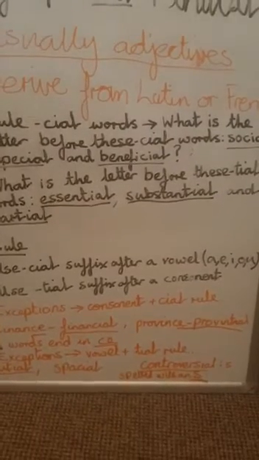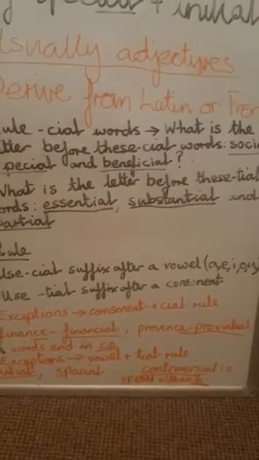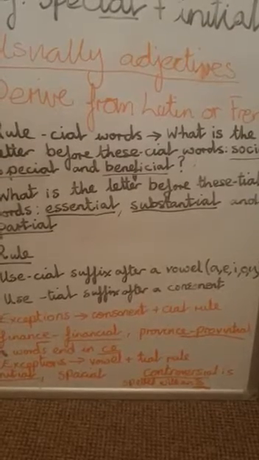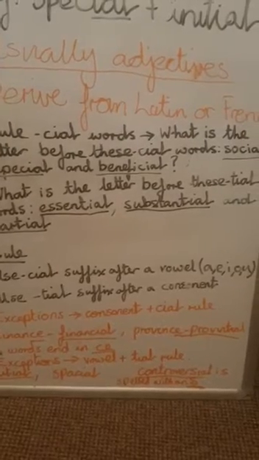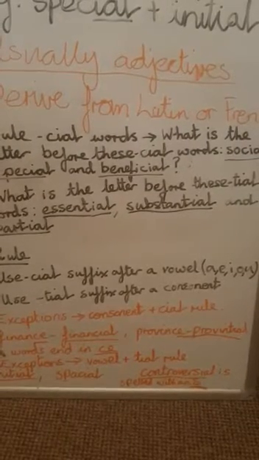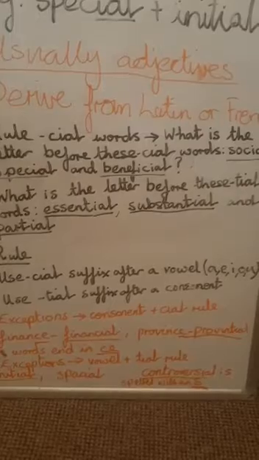So financial derives from finance, we drop the vowel E and focus on the C. The same with provincial, which derives from province.